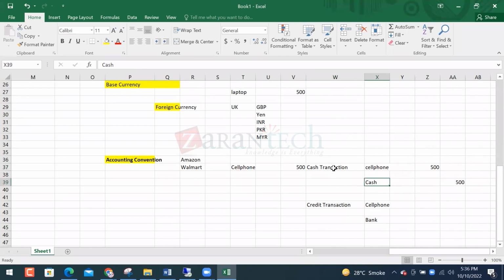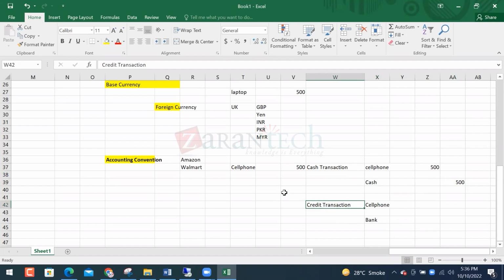That means your nature of business is related to cash transactions. But for example, you purchase some item from a supplier and say that when you send this item, then I will pay you after 15 days. Meaning you didn't pay any cash, but you made a commitment. That transaction is a credit transaction.